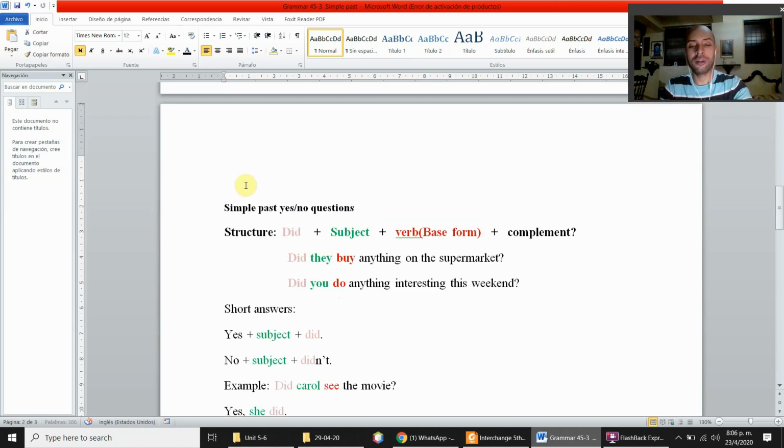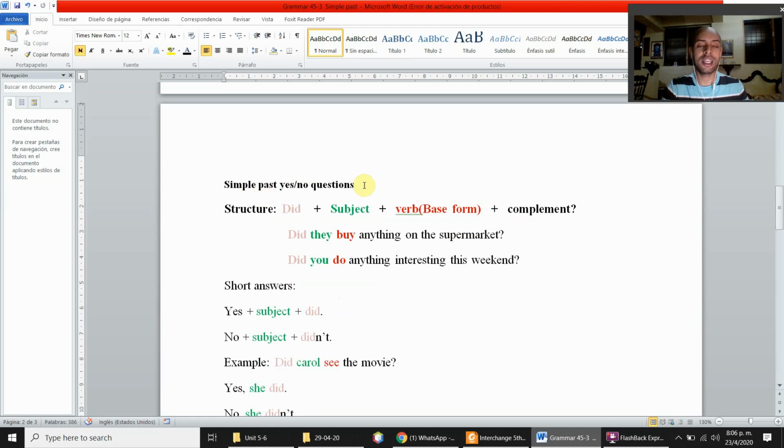Now we're going to continue with the simple past yes and no questions. How do we create them? The structure, the auxiliary did, plus the subject, plus the verb in its base form, its normal form, plus the complement.